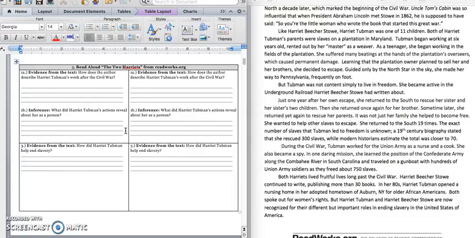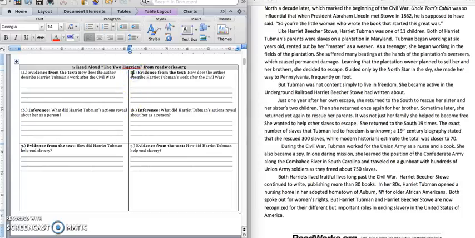She didn't have to go back and get her family or rescue other slaves, but she did so because she cared about other people, which means that she's compassionate. So we could say Tubman was a heroine. She was brave and determined to end slavery. And you could also add in 1B that she's compassionate. Press pause to write down your answer and play when you're ready for 2A.